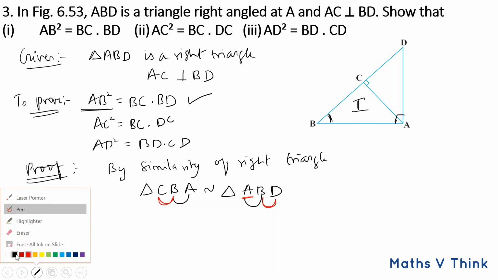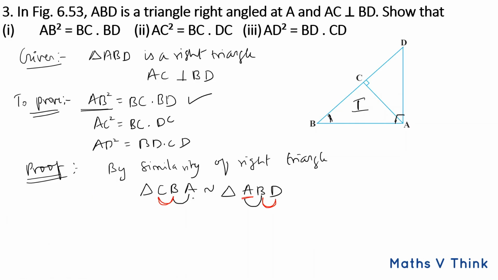So now I can tell that corresponding sides are proportional. So CB is nothing but BC divided by AB is equal to BA is nothing but AB divided by BD.